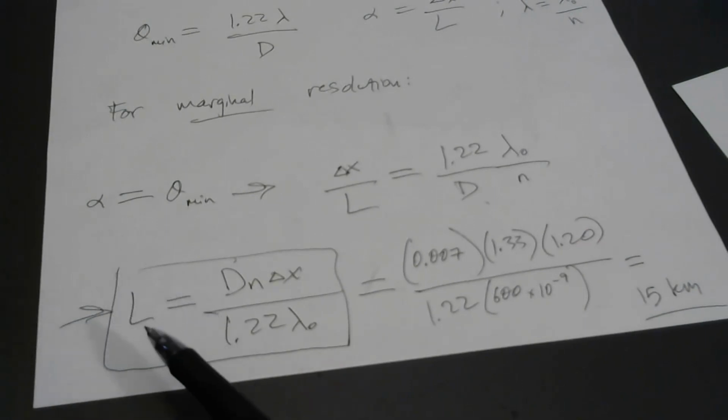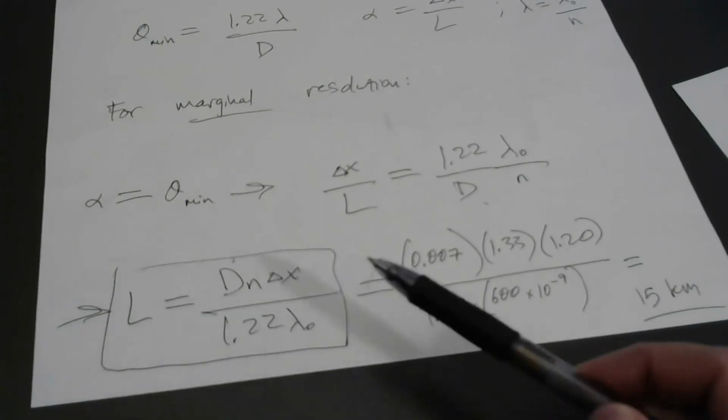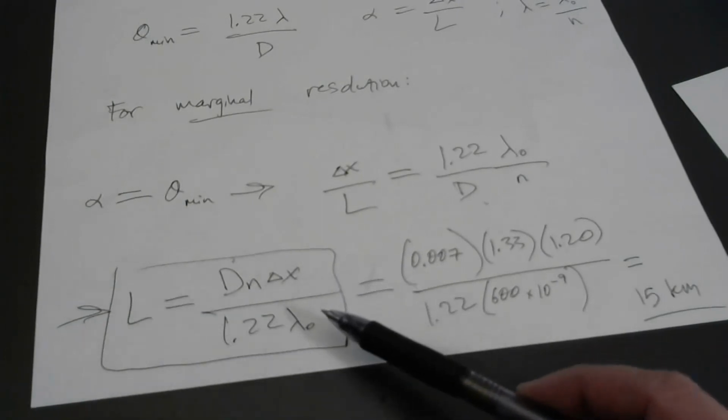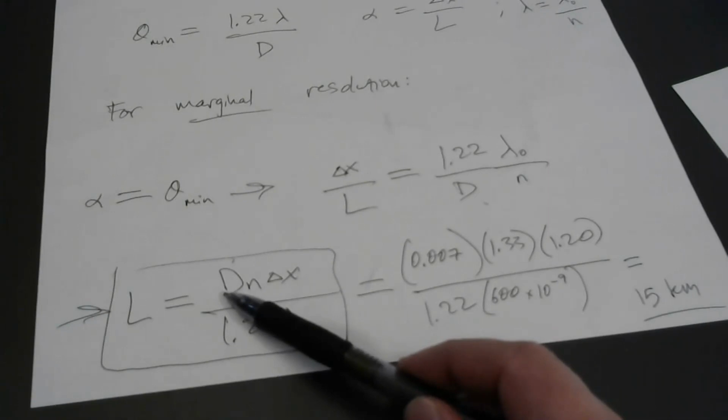Let's say that you're looking at something, I don't know, 100 light years away. So the distance to that object is fixed. If you're going to do astronomy and image things in a longer wavelength, the longer your wavelength is, the bigger the aperture would have to be.